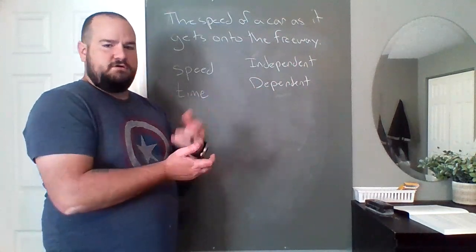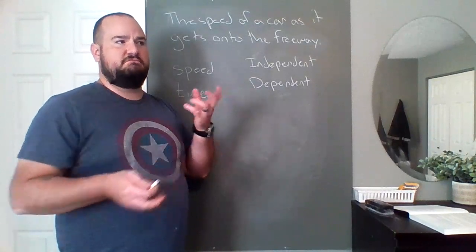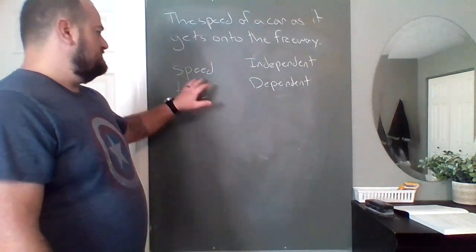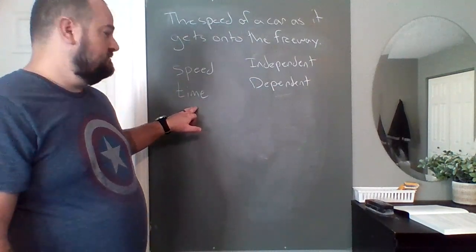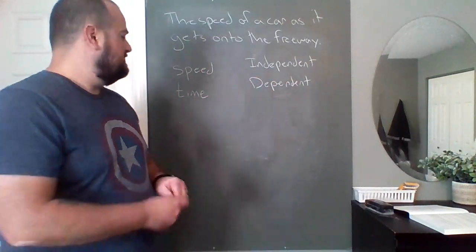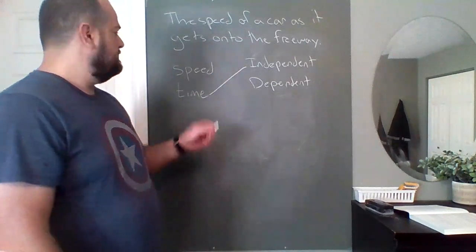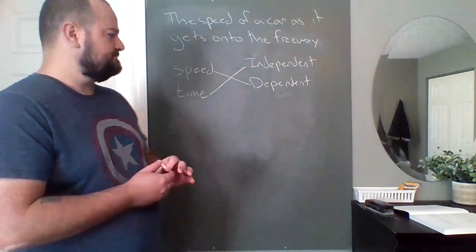And so if we look here, which one of these is independent? Which one of these can change without the other one affecting it, right? Speed, well, our speed is dictated by how long it's been since they started driving, right? But our time, it doesn't matter how fast we were going. So in this case, our time is the independent variable, and our speed is the dependent variable.